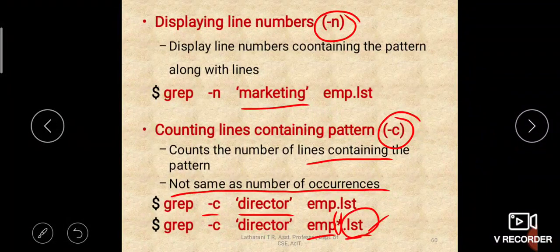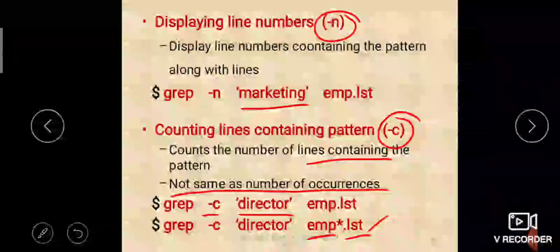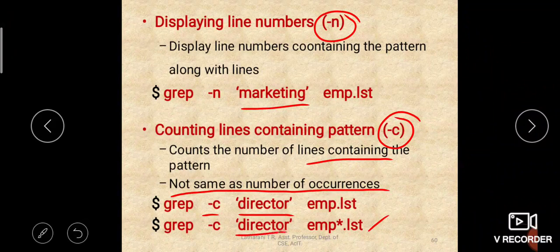So it can match emp.lst, emp22.lst, empn.lst, any file name. It should start with emp followed by anything but end with .lst. That is the meaning of this pattern. So in all those files, if the director pattern is there, it will count the number of lines because of -c and will display.